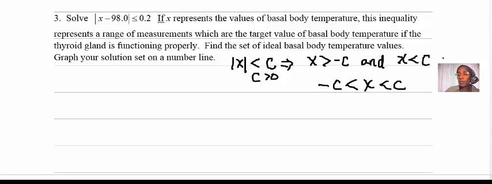This absolute value inequality says the same thing as this compound inequality.